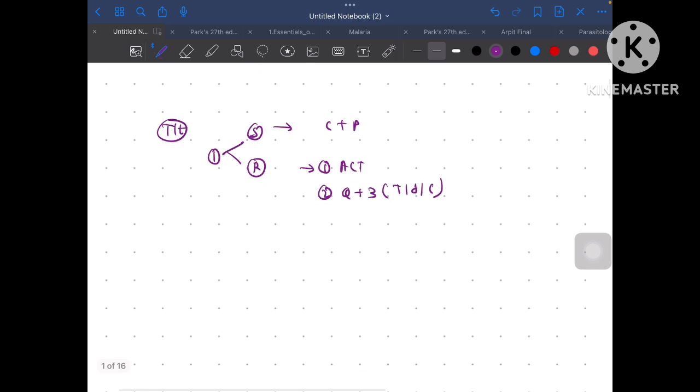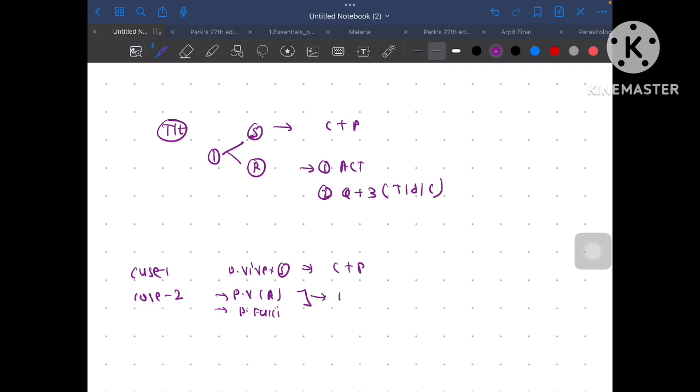Case number 1 is Plasmodium vivax infection which is sensitive; then we use chloroquine plus primaquine, chloroquine for 3 days and primaquine for 14 days. Case number 2 is Plasmodium vivax which is resistant, or Plasmodium falciparum infection. Falciparum is almost always resistant to chloroquine.